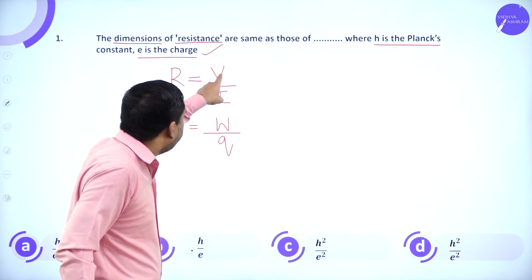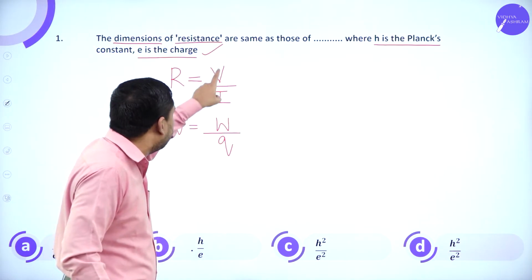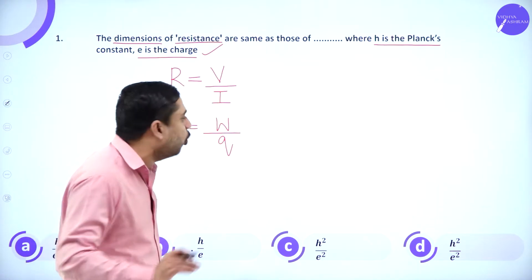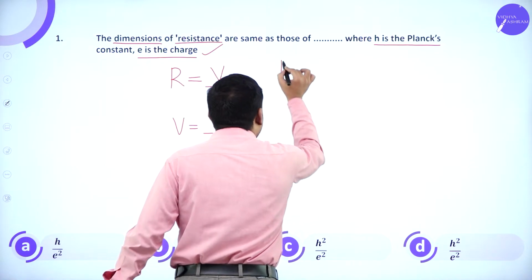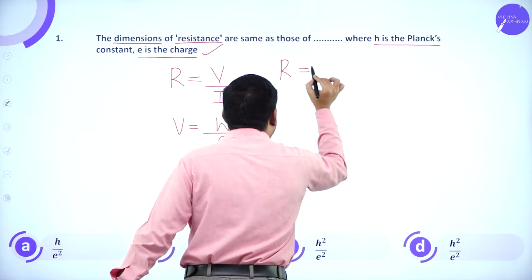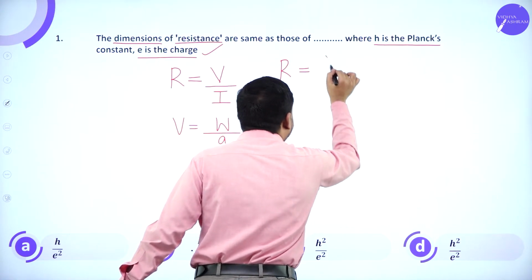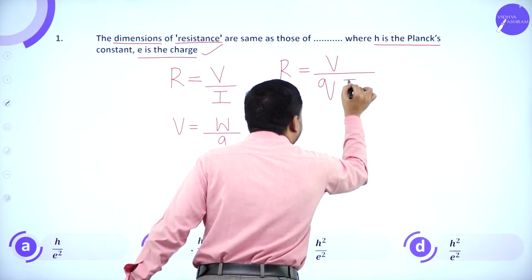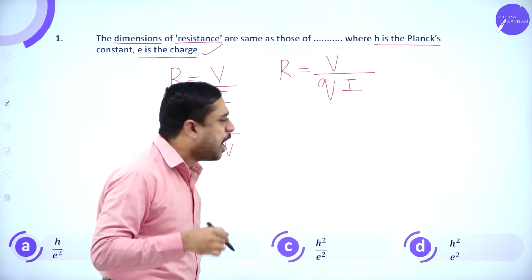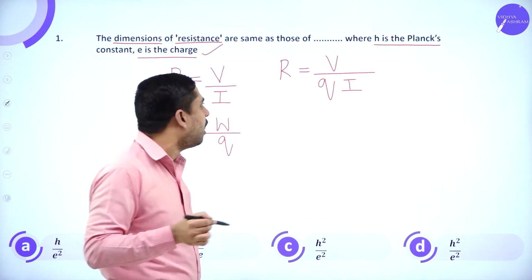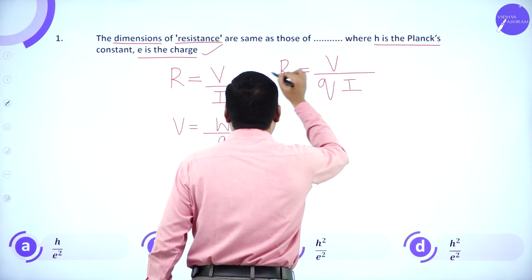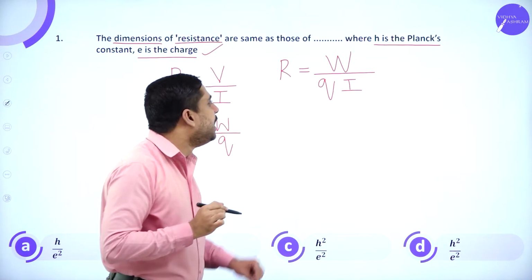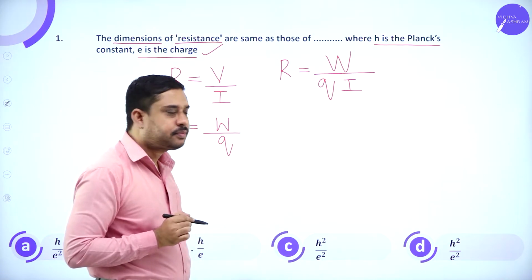So I am manipulating potential or voltage as W by Q, and I write R is equal to, instead of V, W by Q into I. As of now, Q is the charge. So V is W by Q into I.